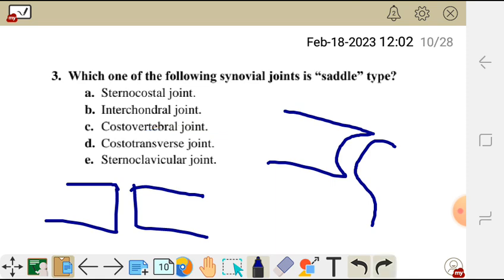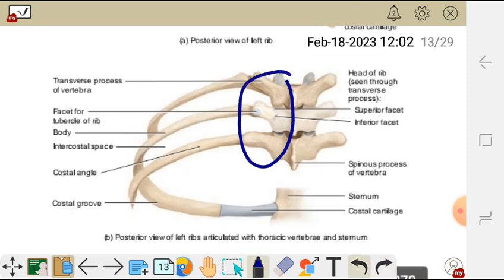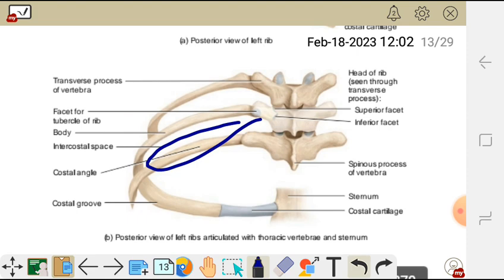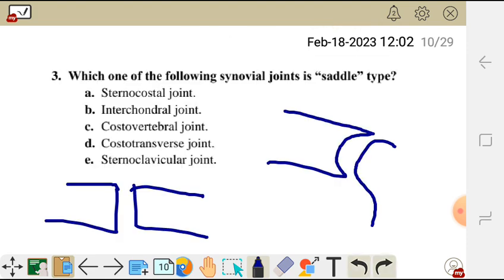The costovertebral joint is a joint between the rib and the thoracic vertebrae, and that joint is also a plain joint. The costotransverse joint is a joint between the tubercle of the rib and the transverse process of the thoracic vertebrae.